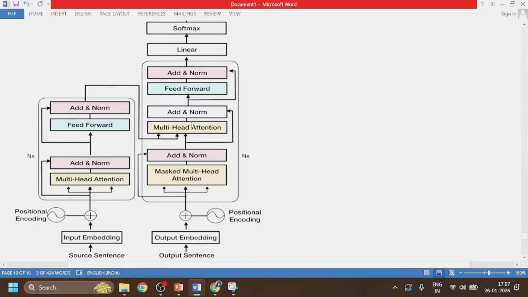This is where the decoder looks at the encoder's output, which allows the decoder to use information from the input sentence.